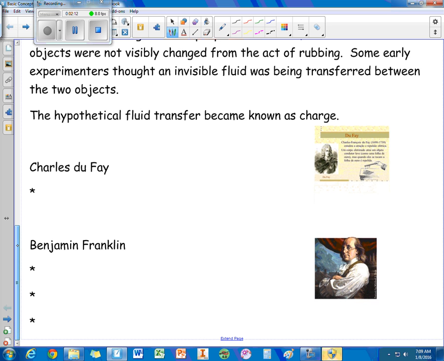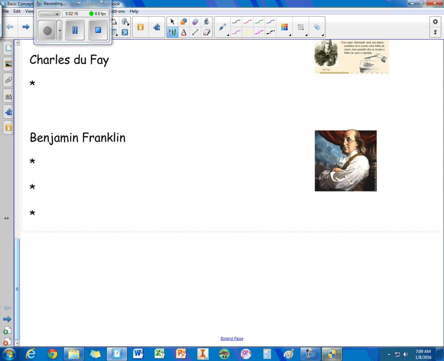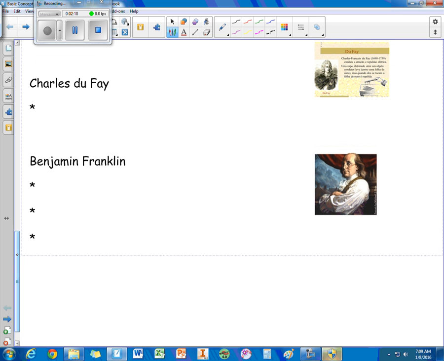All right, now some history here. Charles Dufay was an early scientist. I got his picture right here. What he did was he demonstrated that there were definitely two types of charge, since there are two interactions.